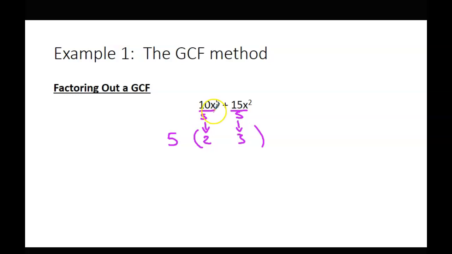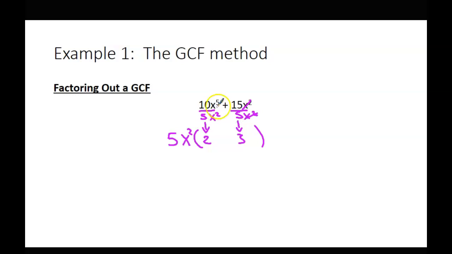Now, this one has 5 x's to give. This one has 2 x's to give. What is the most number of x's that they're both able to give? 2 x's. You can't give more than 2, because if you tried to give more than 2, this guy would not be able to contribute. So we're going to take out 2 x's, but once again, we're going to divide that out. So in this case, they just kind of cancel each other out, right?